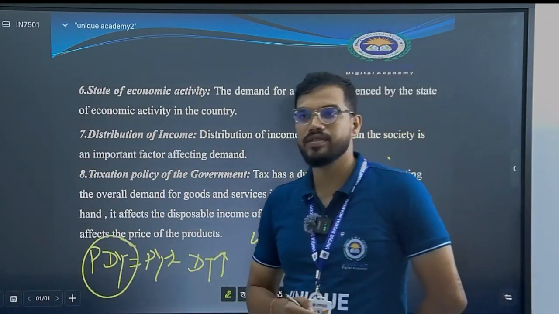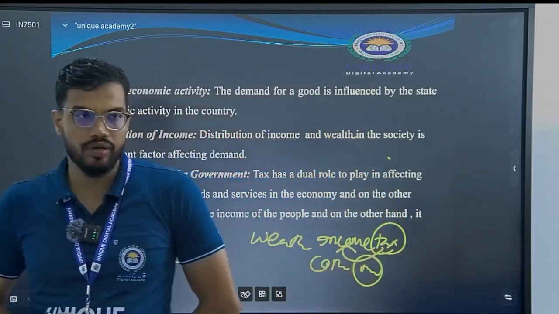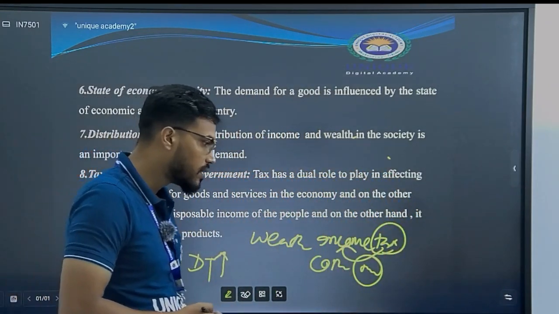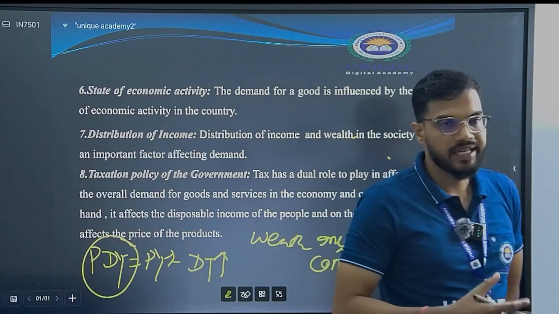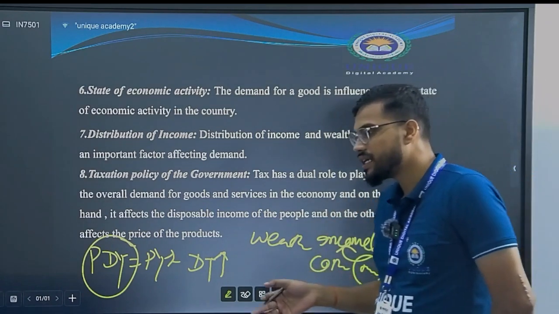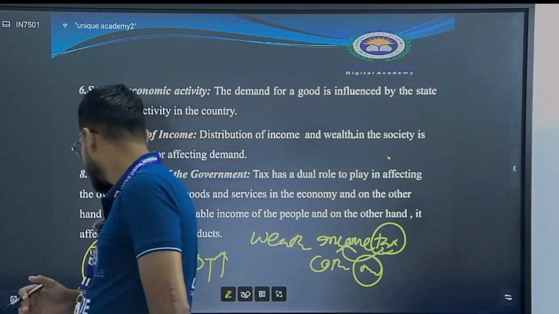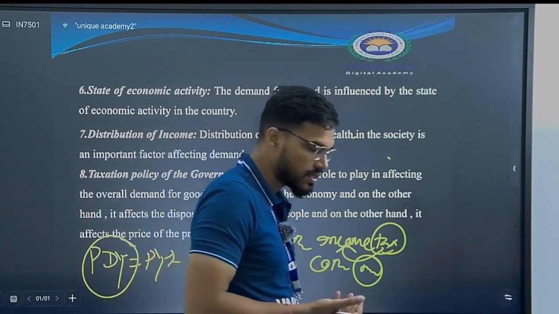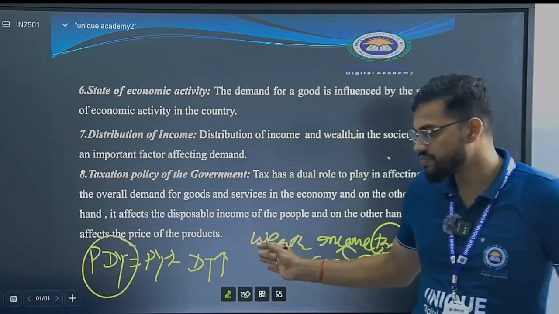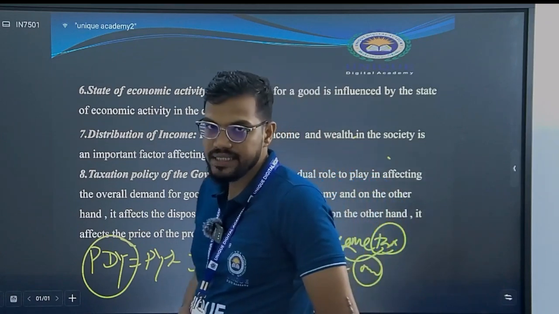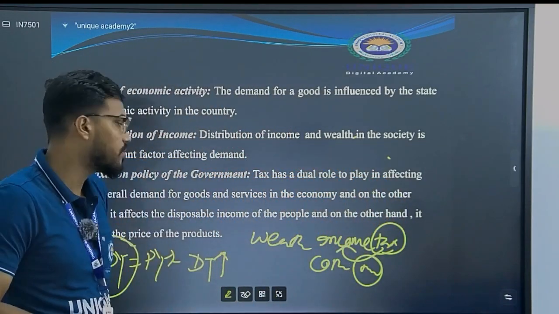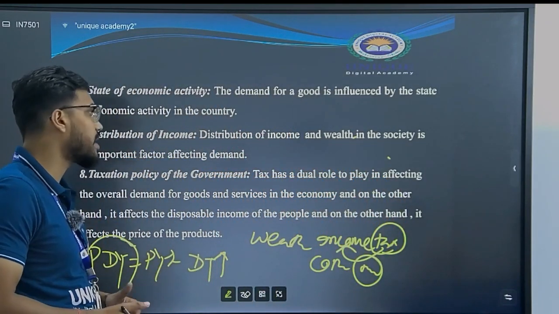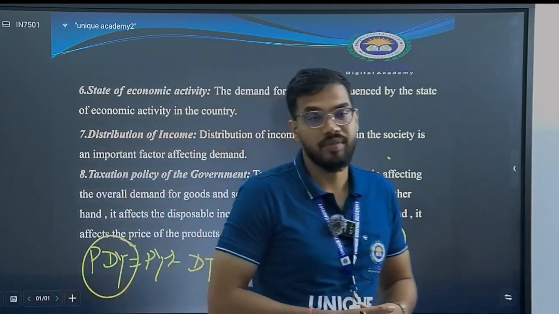Your personal disposable income shows your purchasing power, that shows your demand for a product. If tax rate declines, your personal disposable income increases, and if your tax rate increases, your personal disposable income declines. So, these are the factors that affects the demand for a product.